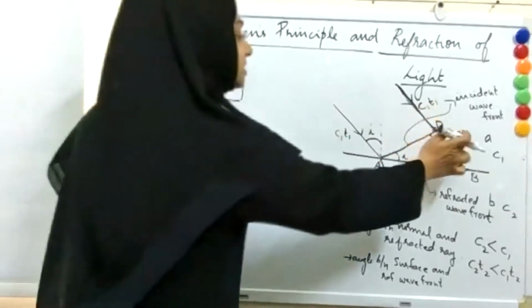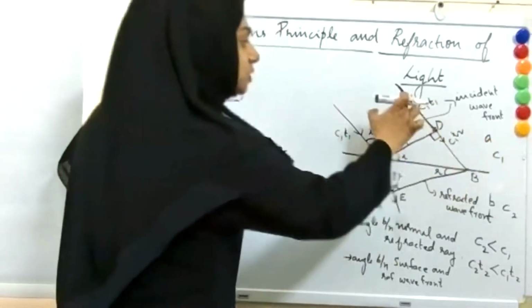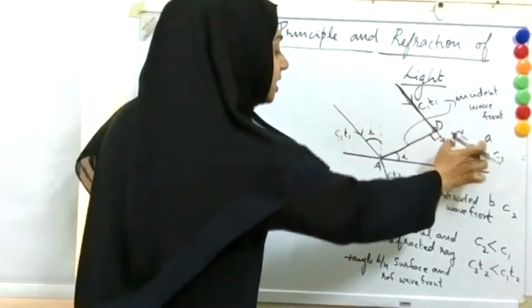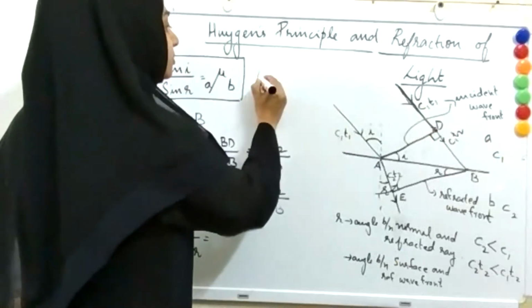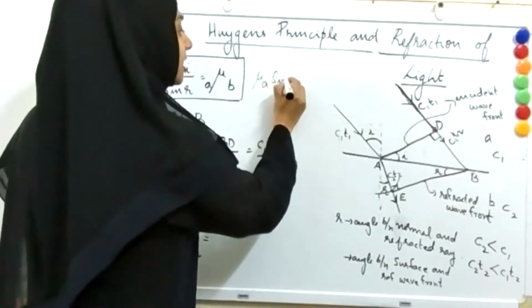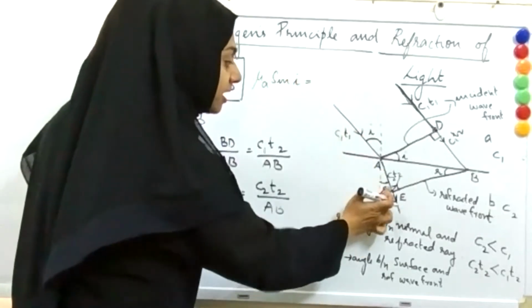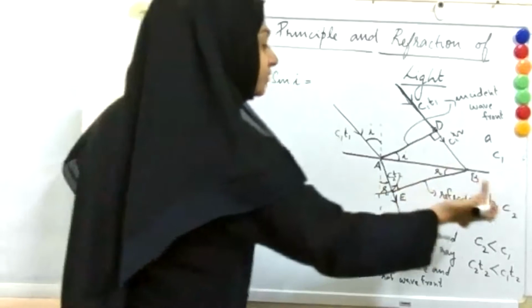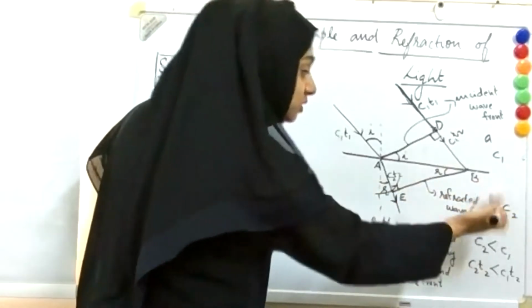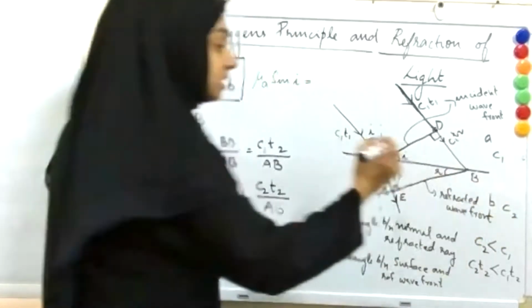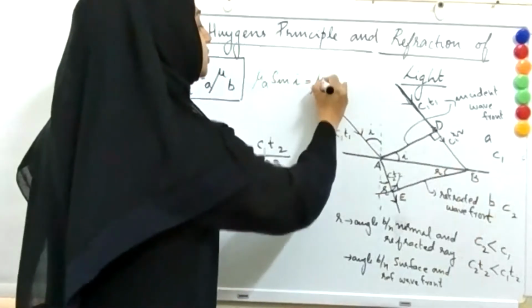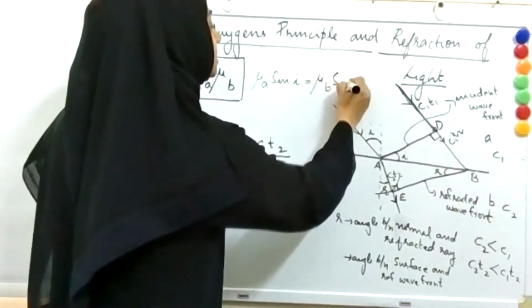And the refractive index, if I express the absolute refractive index of medium A as mu A, it will be mu A sin i is equal to, in this medium, the angle made is r. And if the absolute refractive index in medium B is mu B, this will be equal to mu B sin r.